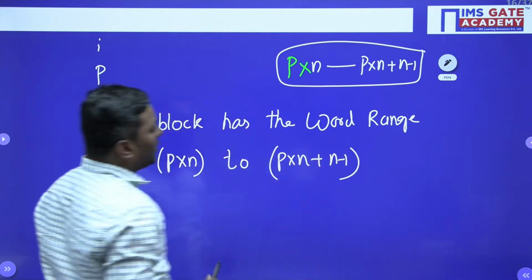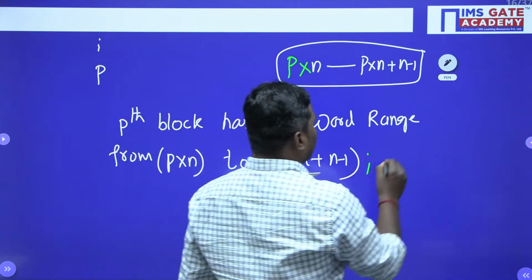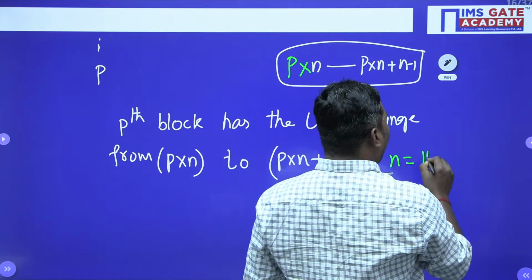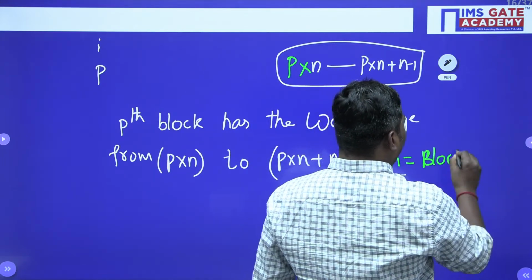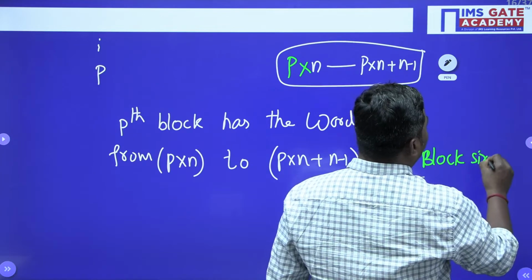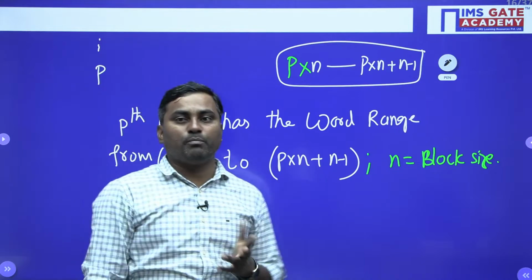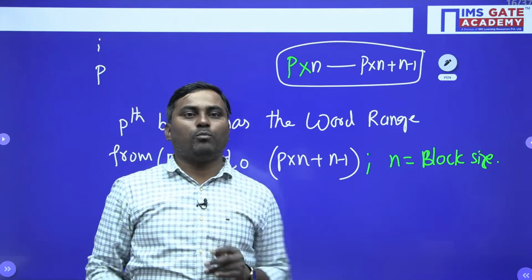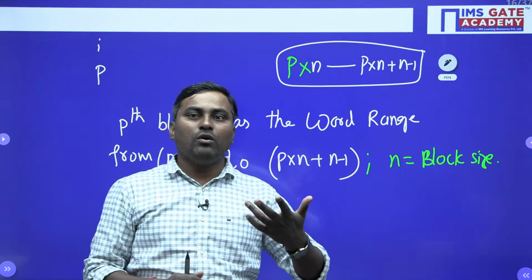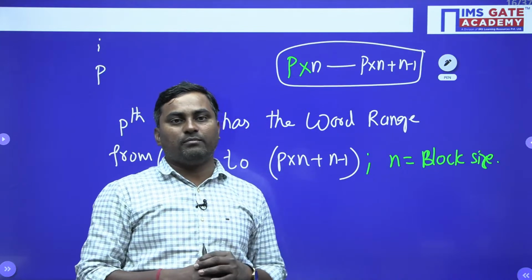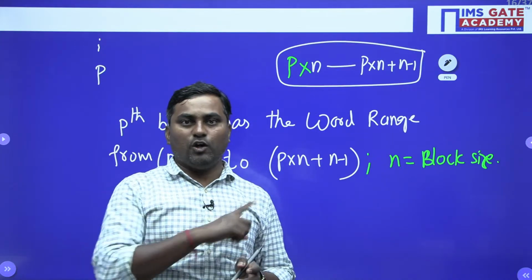Where N is the block size, in terms of words or bytes. This will help you in numerical problem solving. Are you getting my point? I hope it is clear.